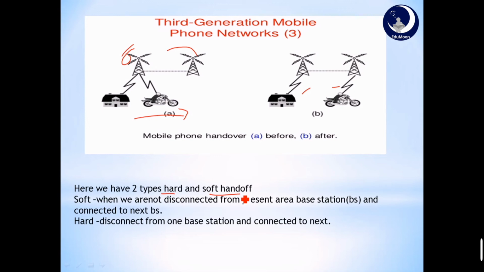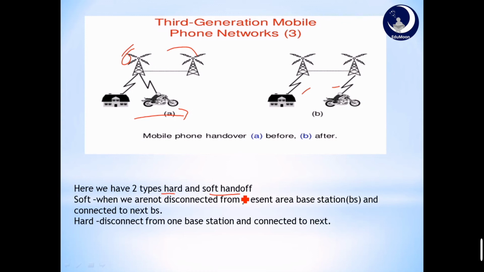As you are traveling, the mobile phone shifts from one base station to another base station to have an uninterrupted signal.